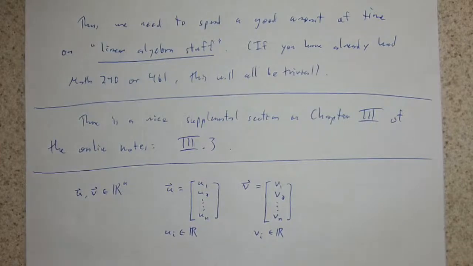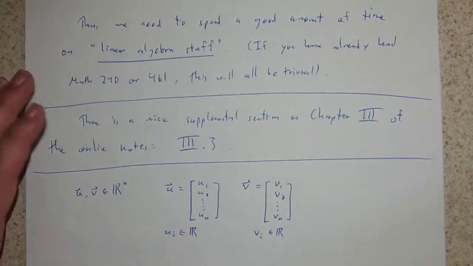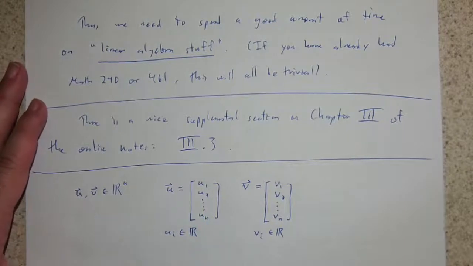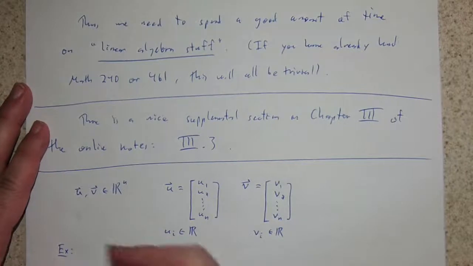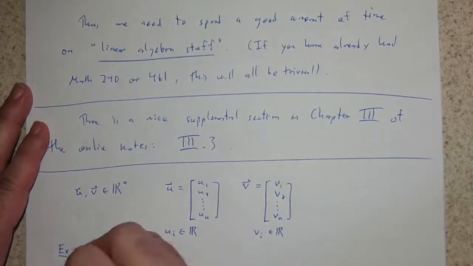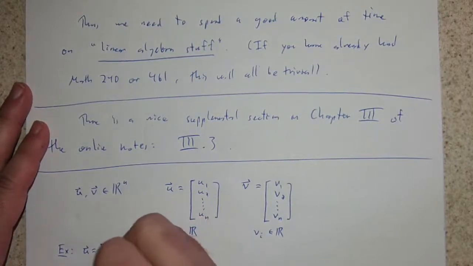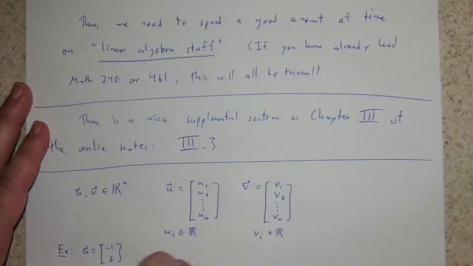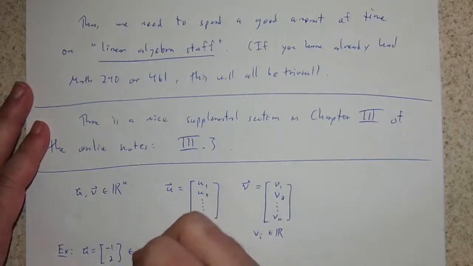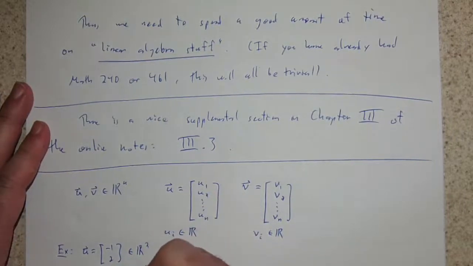In the n equals 2 case, notice that this is actually the same as ordered pairs. So, for example, if u is the vector -1, 2, and v is the vector, say, 5, 0, these are both vectors in R2.